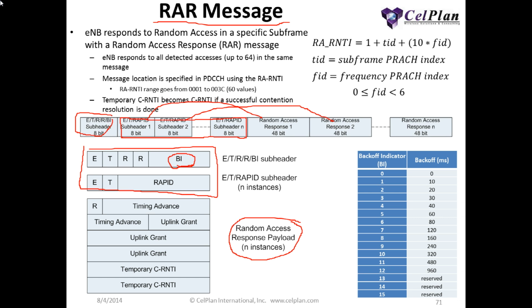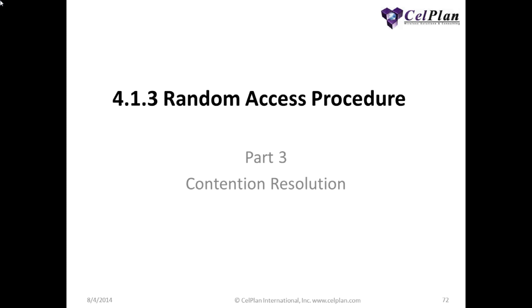The random response will carry the timing advance, the uplink grant, and a temporary C-RNTI number. The reason that it's temporary is that it's not clear yet if there was contention or not. So maybe two UEs chose the same access code, and they will get the same identification. So they will have to go to the next stage, that is the contention resolution.